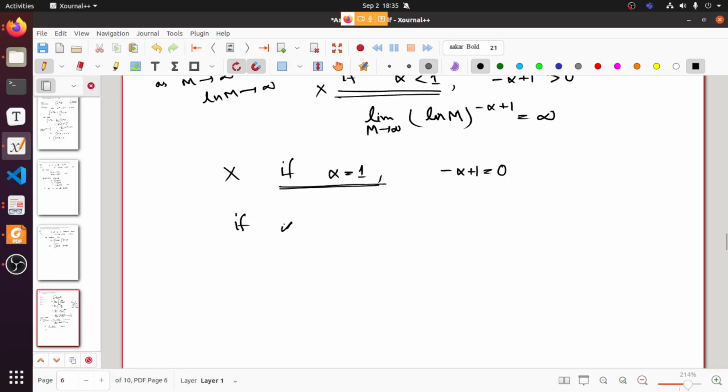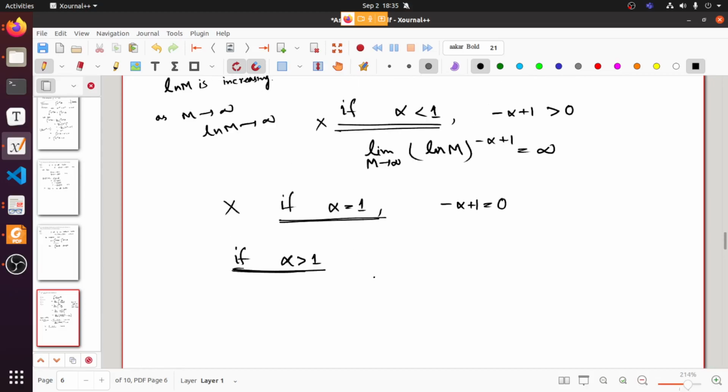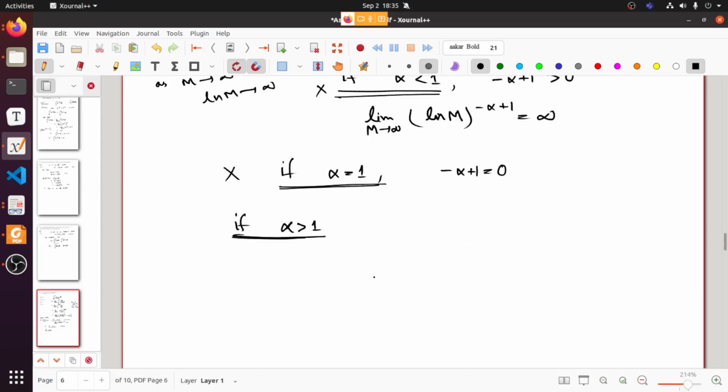So what if alpha is greater than 1? Then the limit as m tends to infinity of (ln m) to the power minus alpha plus 1 by minus alpha plus 1, minus 1 by minus alpha plus 1. If alpha is greater than 1, then minus alpha plus 1 is less than 0, right?